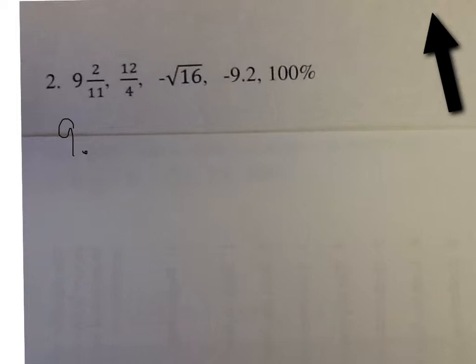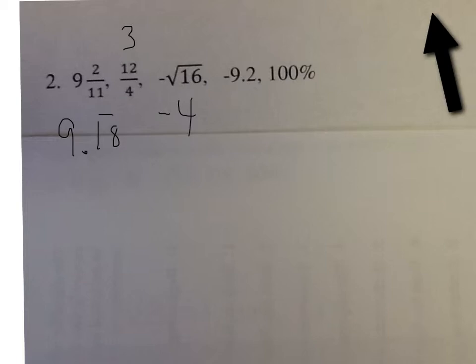So I'm going to do 2 divided by 11, which gives me 0.18 repeating. Okay. The next one is 12 over 4. So I'm going to simplify that, which is 3. Now I have the negative square root of 16. So remember, I leave my negative on the outside, and then the square root of 16 is 4.